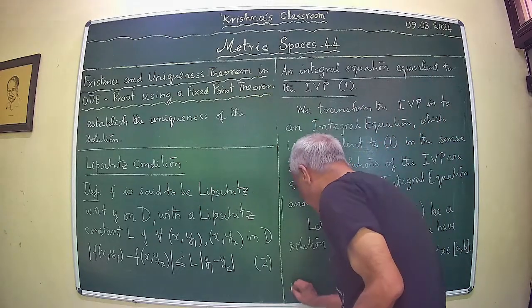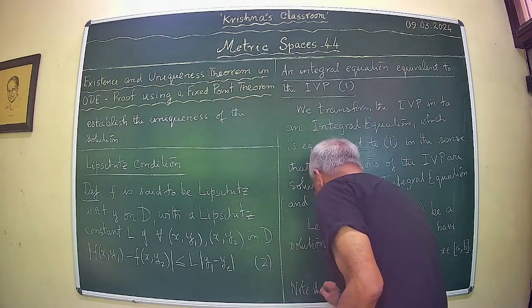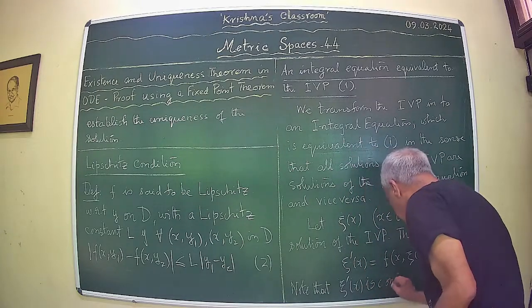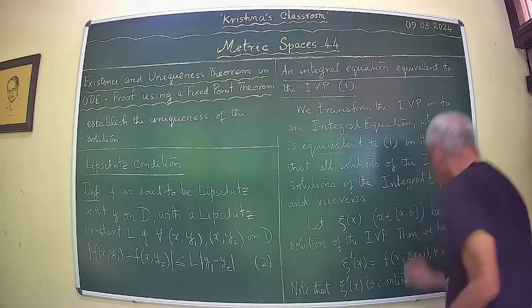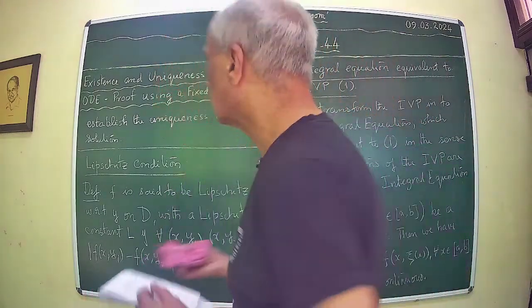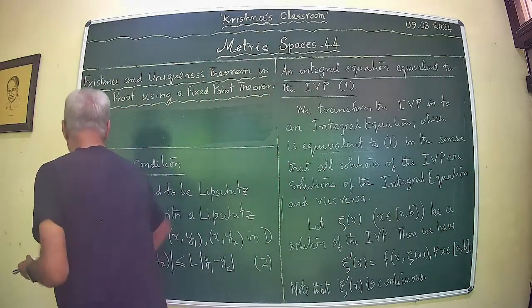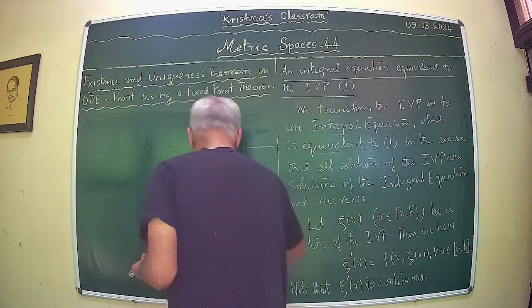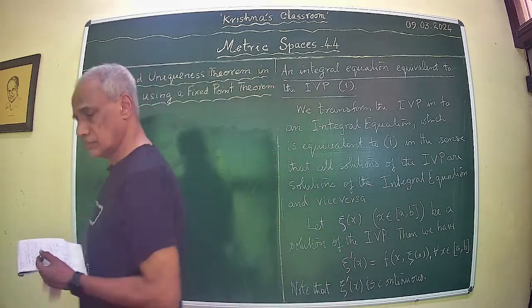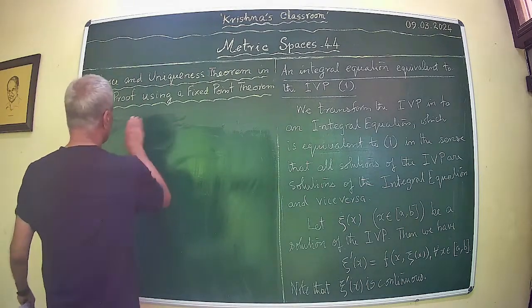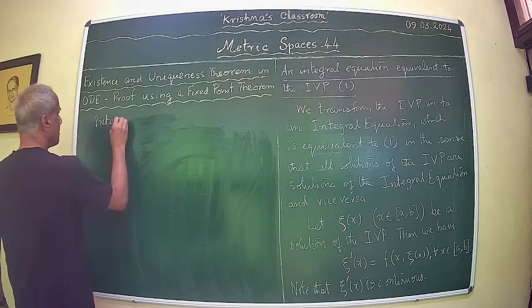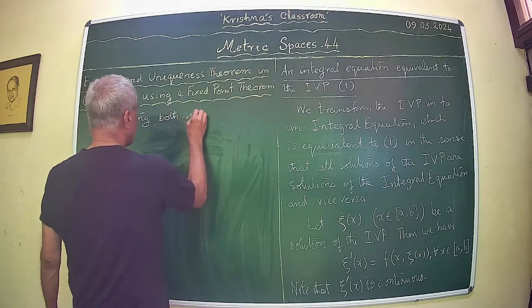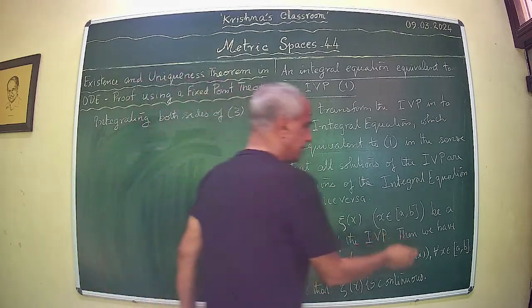Okay, so note that this is continuous. Now let us integrate this on both sides from x0 to x. Let me designate this by 3.